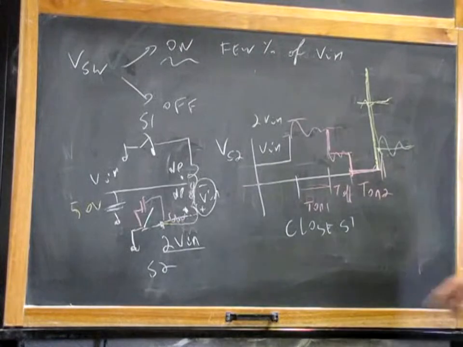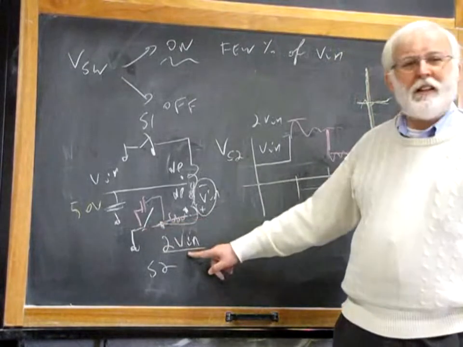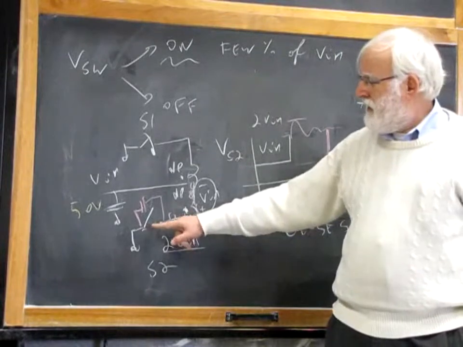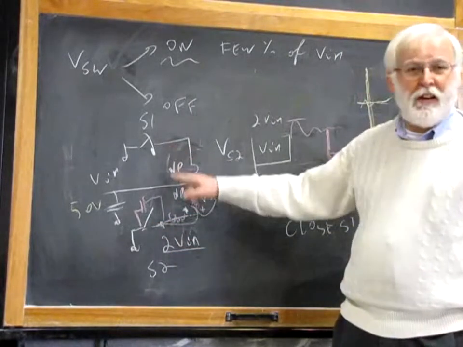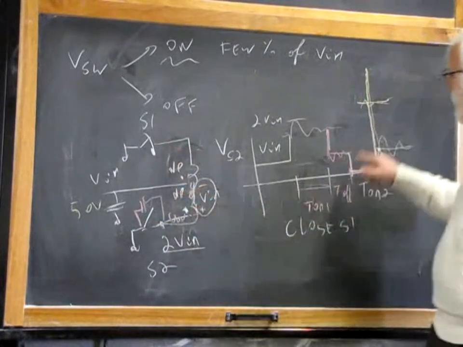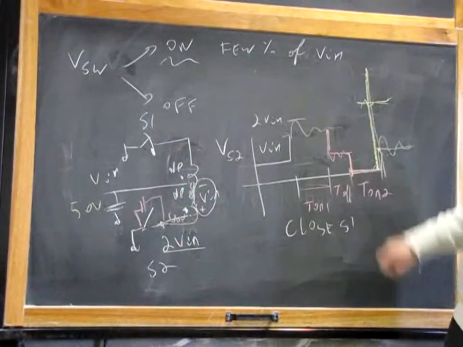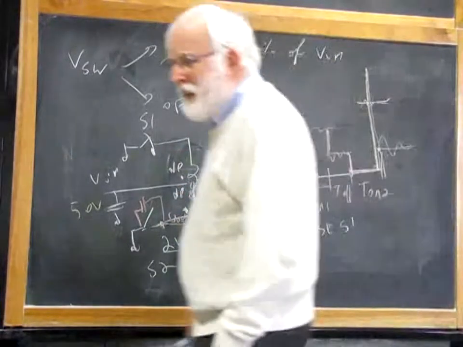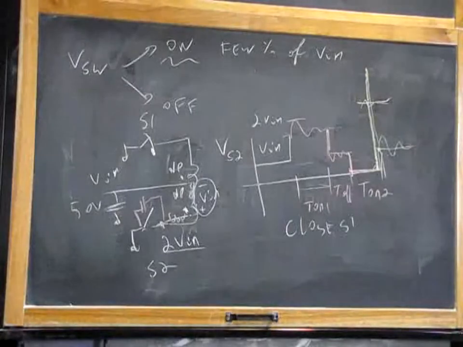So the voltage stress over here is a little bit more than twice the input voltage, provided that you have some kind of voltage spike limitation. In some cases, it's not a big deal. If your converter is not too high power, not too high voltage, you can also forget that. But for high power converters, that is an issue.